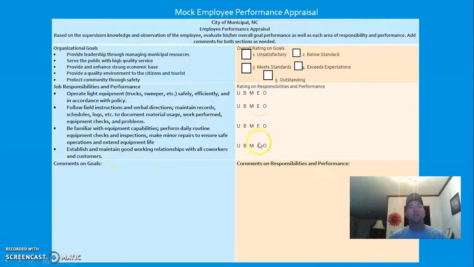On this side are his ratings. Each one of these is rated for responsibility and performance. Up here is an overall rating on his goals, which are the organizational goals. So let's fill this in.